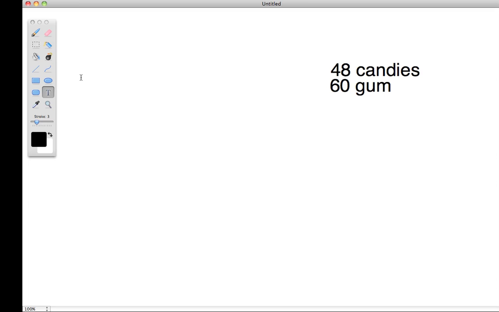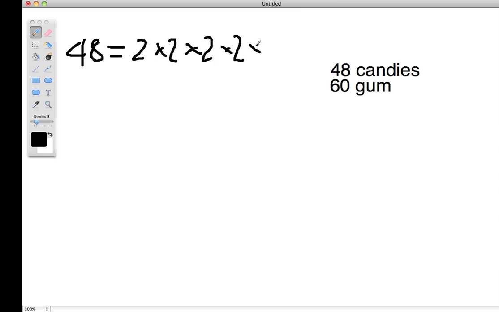So I could say that 48 equals 2 times 2 times 2 times 2 times 3. Let's see, does that give you 48? 2 times 2 is 4, 4 times 2 is 8, 8 times 2 is 16, 3 times 16 is 48.